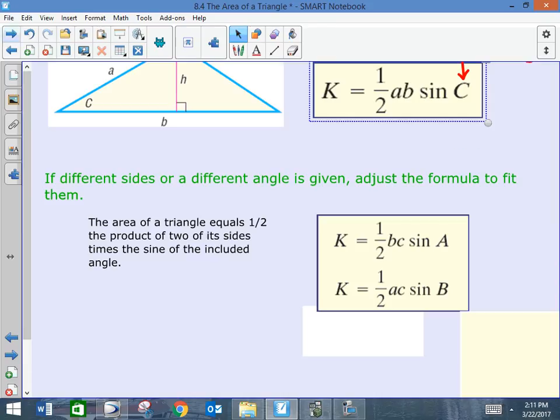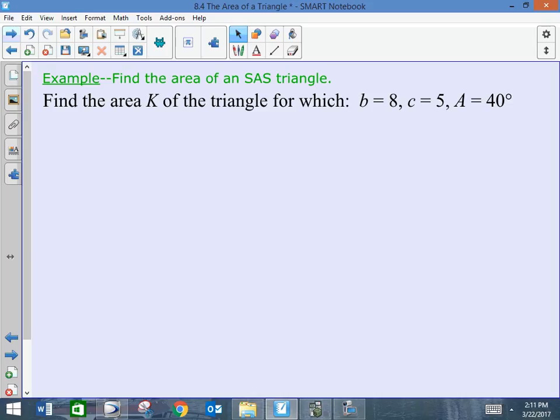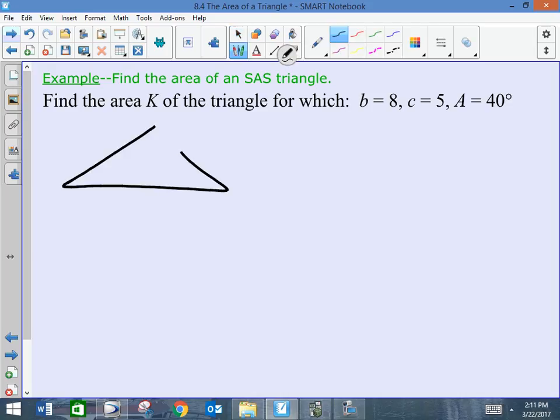Now this next one, same triangle business where we have an A, a B, and a C. Little b is 8, little c is 5, and the angle in between is 40. Okay, find the area.